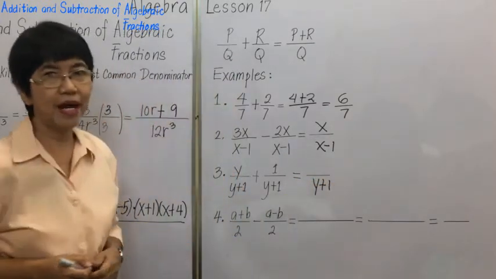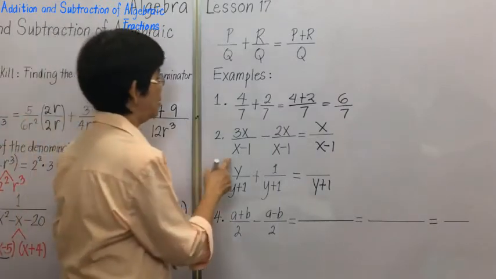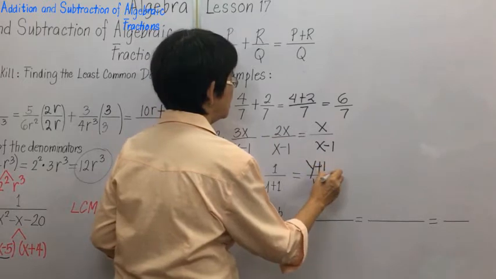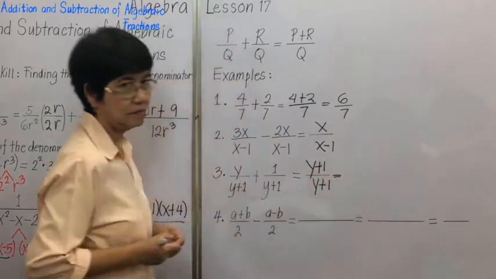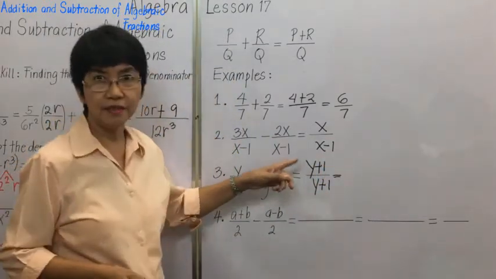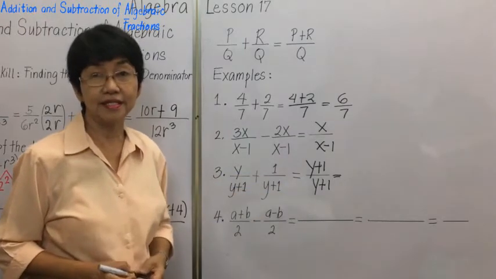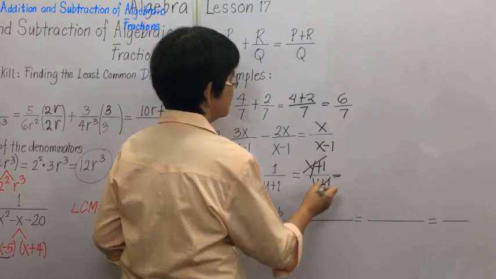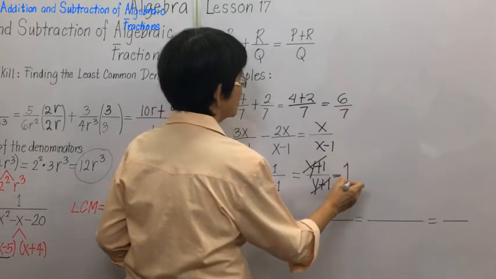And then you add the numerators, y plus 1. And we find that the numerator is the same as the denominator. So we can cancel this. And the answer is 1.